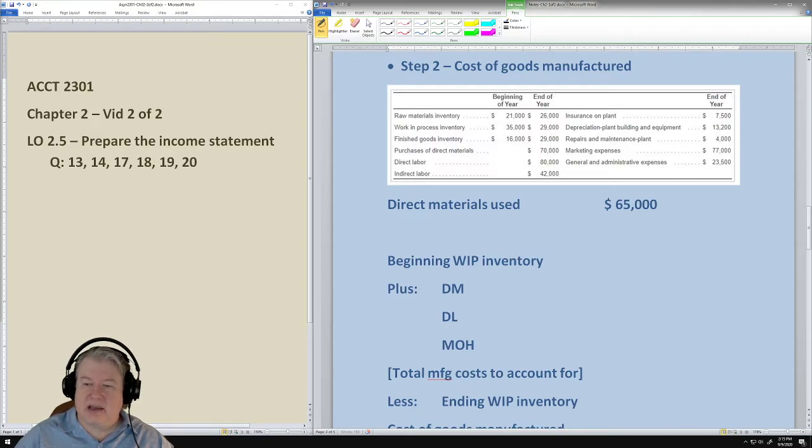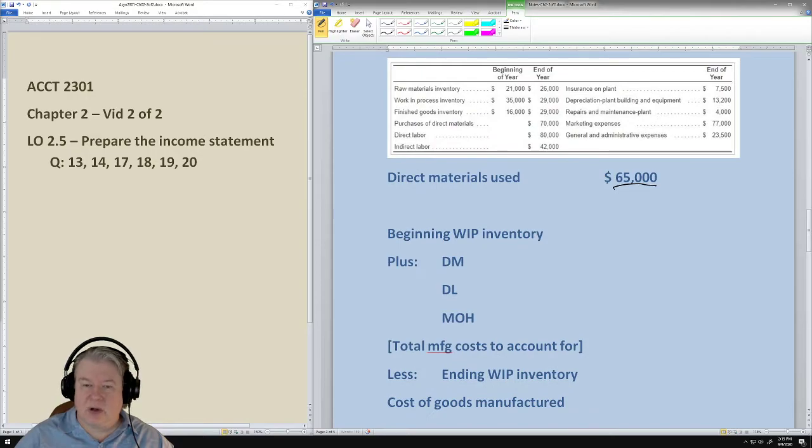And as you can see, I've just brought it down here. We've already figured this out. It's not on the list. We figured it out in the prior step. And similarly, we have beginning inventory. Now, here, the incoming items, you have to remember, we're working in a manufacturing environment, are 3 things.